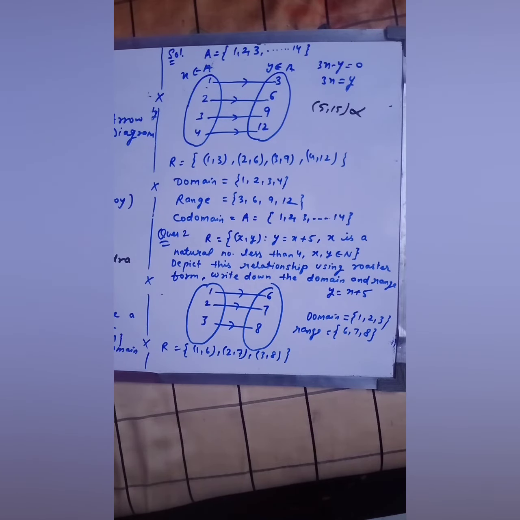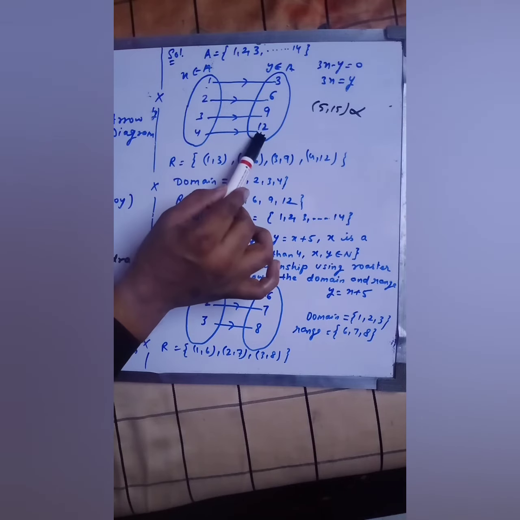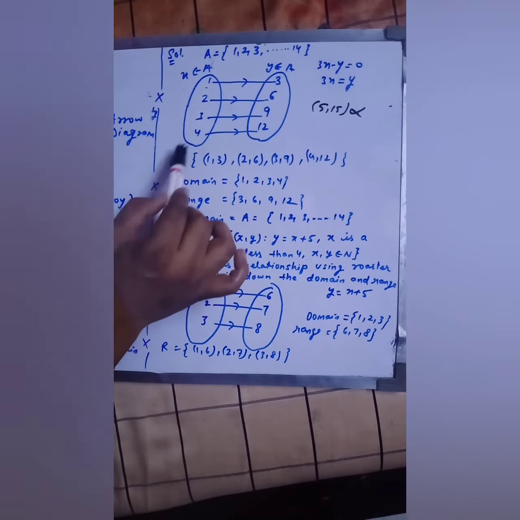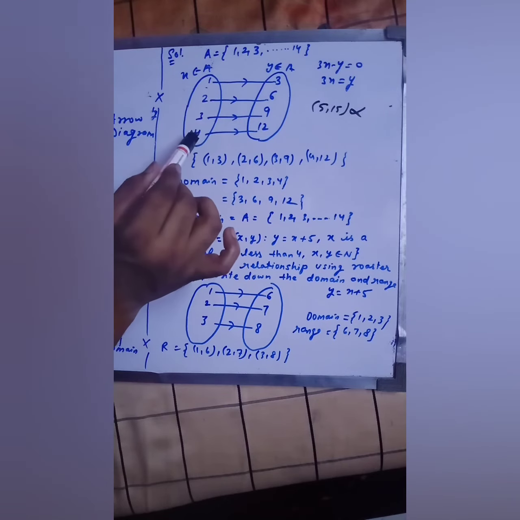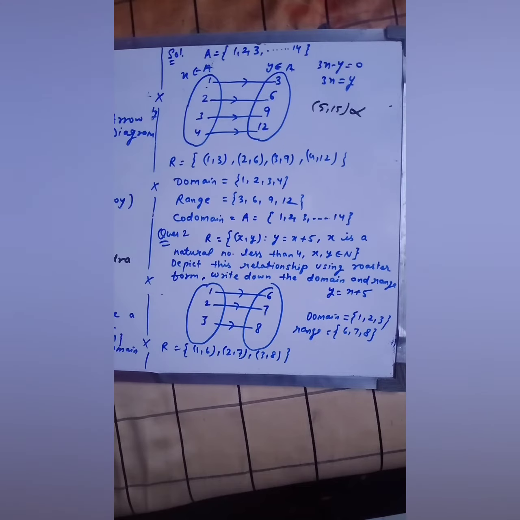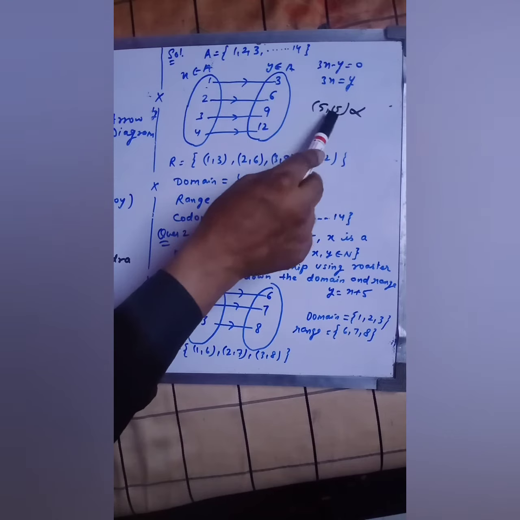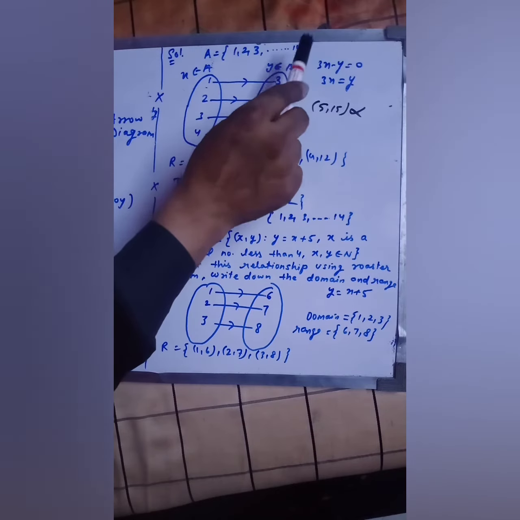Got it? So this is your relation, and this is the arrow diagram of question number 1. The relation will be 1 comma 3, and so on. Understood why I am taking 1, 2, 3 and 4, and why I am not taking 5, 6, 7 up to 14? If you take 5, the value will be 15, which is not possible, since the value of y cannot be more than 14.